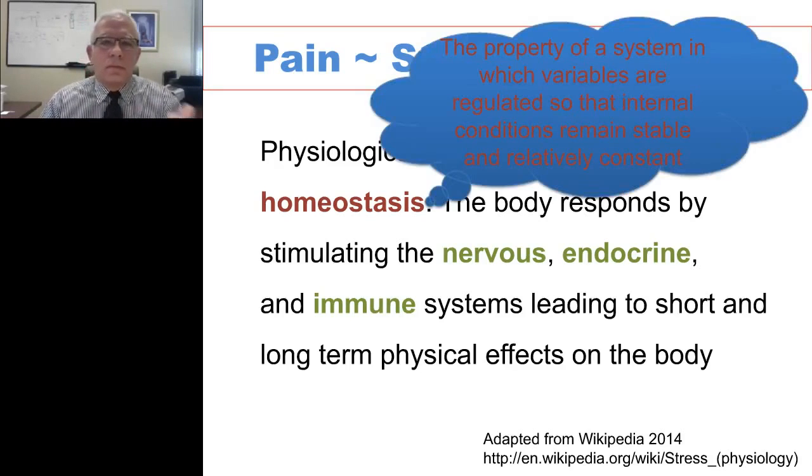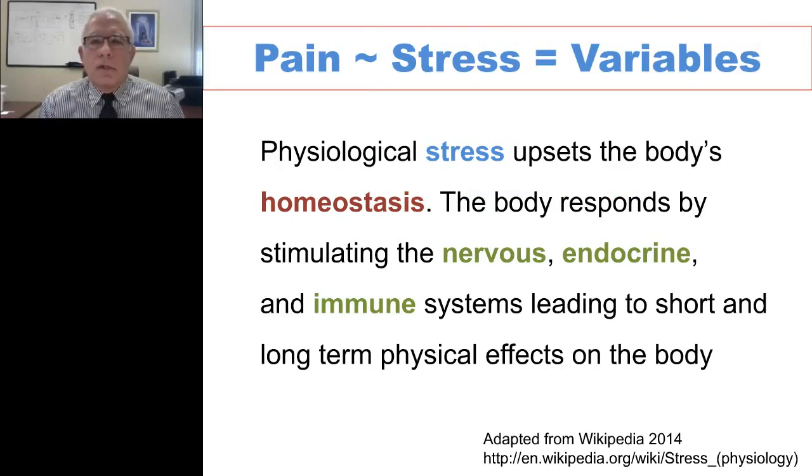So, for the sake of definition, what is homeostasis? Homeostasis is a property of a system in which variables are regulated so that internal conditions remain stable and relatively constant. So the goal here is to work in animals with the minimization of variables.